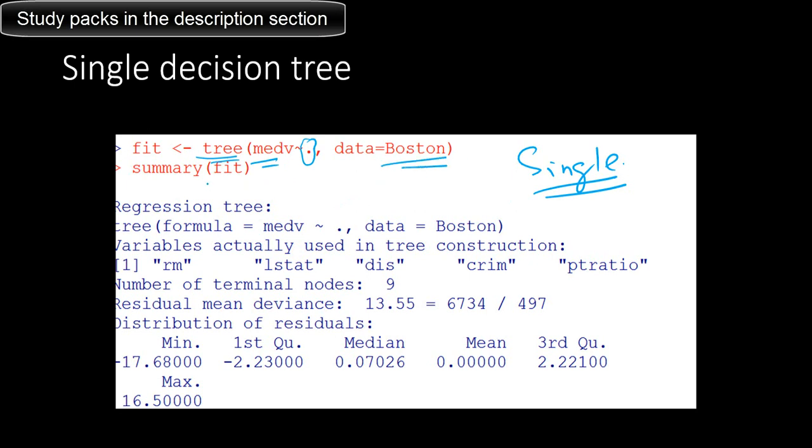We are interested in the mean square error, which is similar to the residual mean deviance here, and it is 13.55. We compare different models using this metric, because the one that gives the least mean square error is the best model.